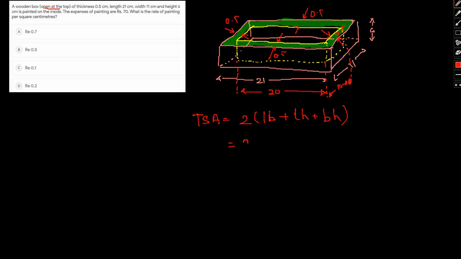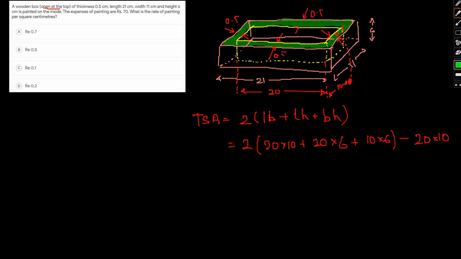So this can be written as length is here 20 and breadth is 10, plus length is 20 and height is 6, and height remains the same, and breadth is 10 and height is 6. Now this includes the top part as well. But the top is removed, so we will have to remove 20 into 10 also. So we have to remove this particular top area.